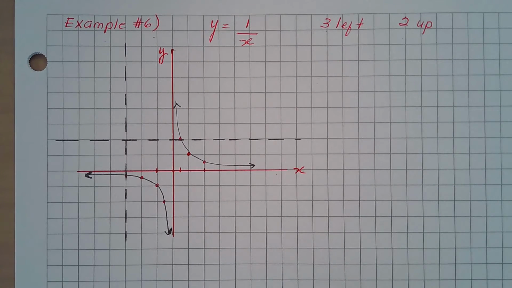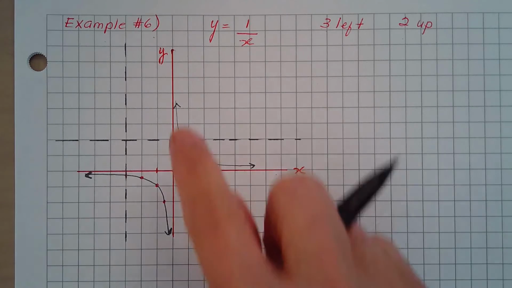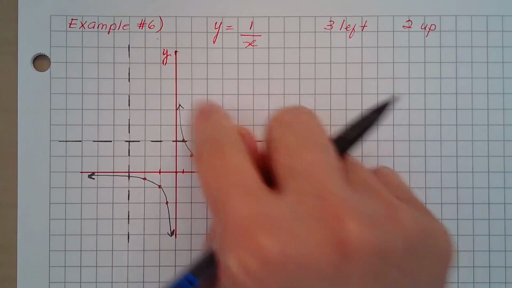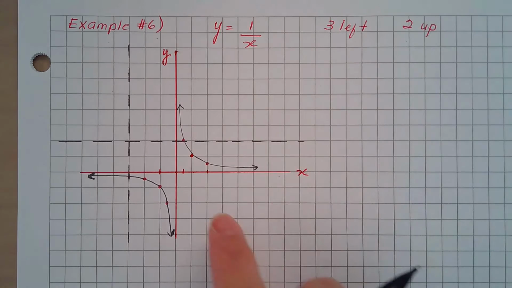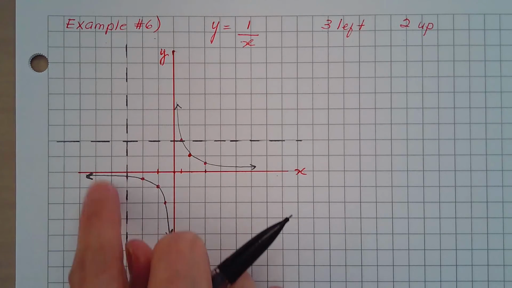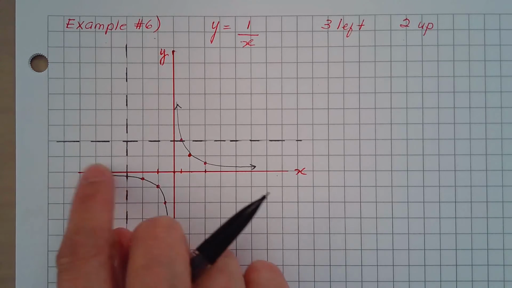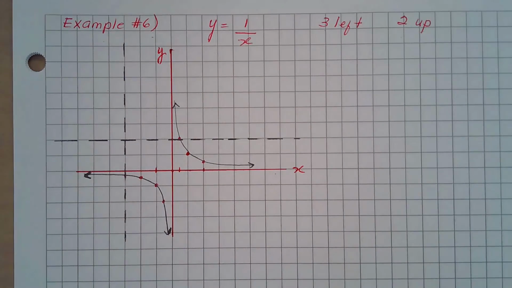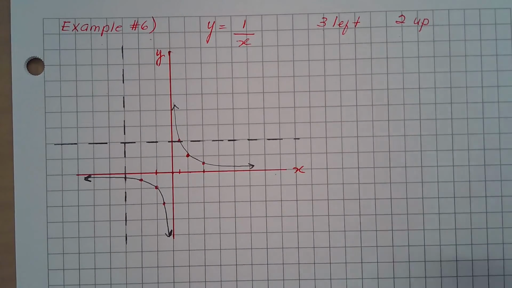Where do you think the new image graph is going to be? Probably somewhere here, right? Yeah? And then this part over here got moved this way, right here. Okay? So let's see if that's true.